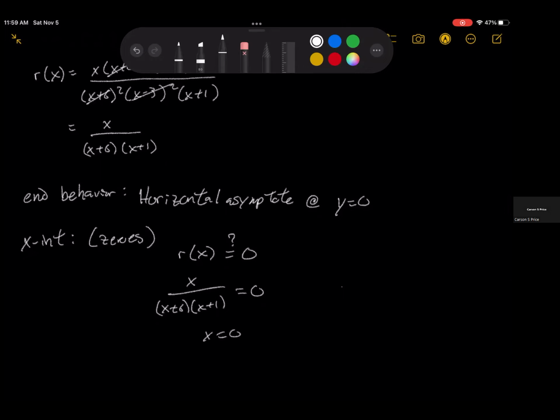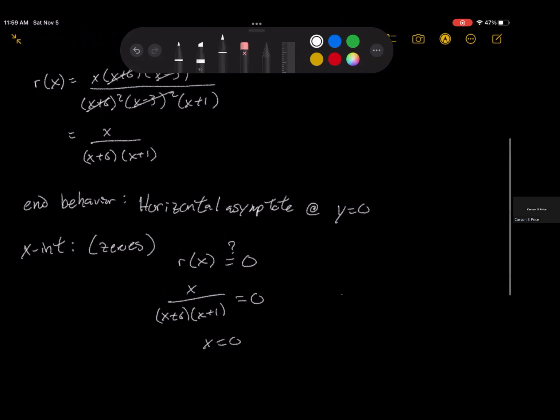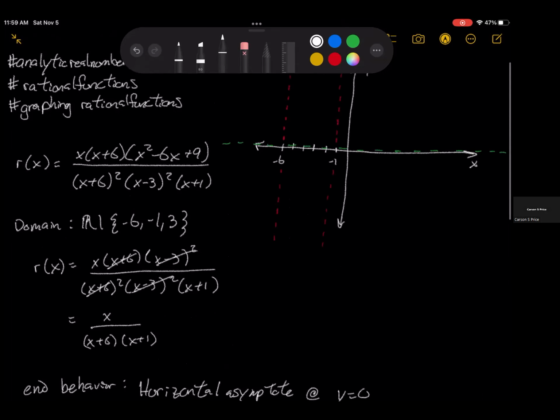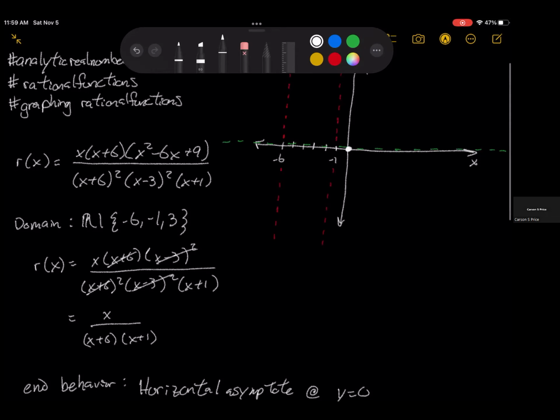Anytime I have a fraction equaling 0, I know that the numerator has to be the thing that's equal to 0. So I have a 0 at x is equal to 0. So I'm going to go up to my graph and plot a point right there. My x-intercept is x is equal to 0.